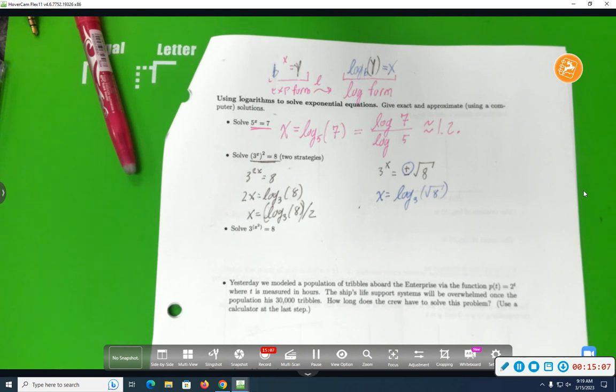Let's convert to log. I see 3 to a power is equal to a number. All of the x's are in the power, so I think rewriting that in log form will make my life better. So if you rewrite that in log form, what do you get?